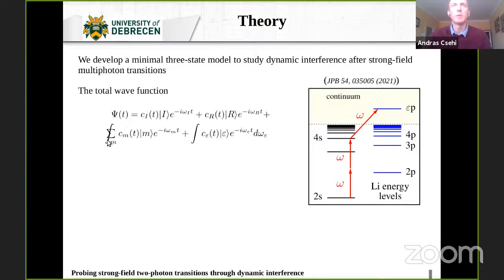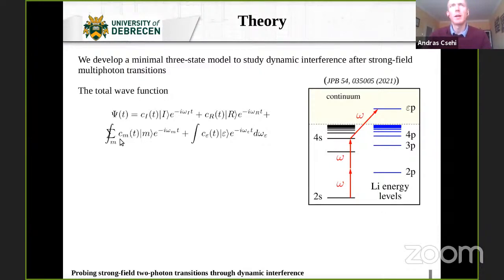We also have the so-called n-state manifold, which are the non-essential states, as they are not populated during the dynamics. They are far from resonance. That's why these states rapidly oscillate. These include the bound states and also the continuum states.